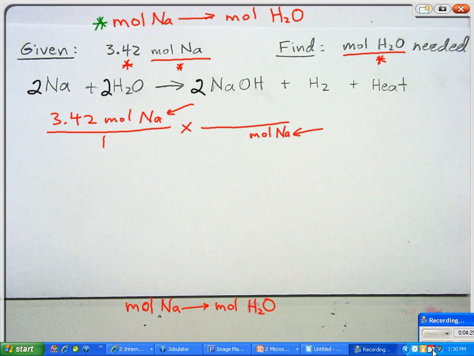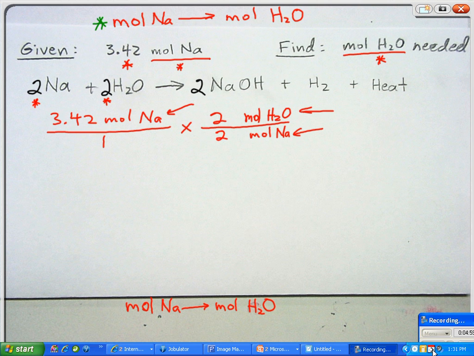And what we're trying to take it to is moles of water. So up here, we're going to write moles of H2O. Now when I look at that, I also have to put the numbers. So we go to the coefficient of water, which is right here, and we put that number here, and then we go to the coefficient of sodium, which is right here, and we put its coefficient here.